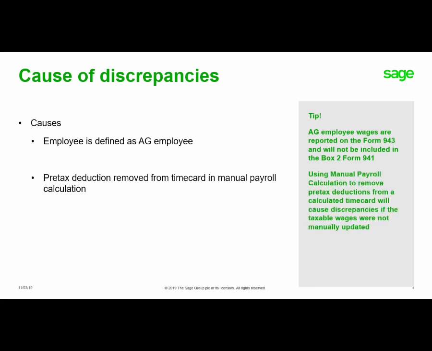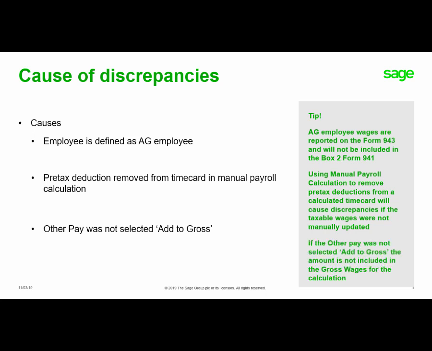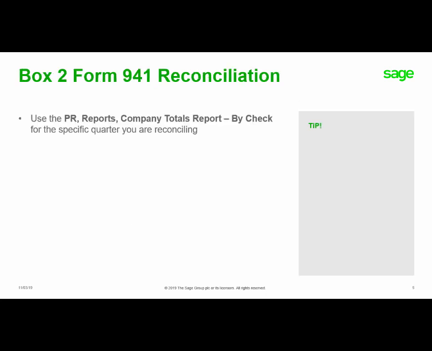Using manual payroll calculation to remove pre-tax deductions from a calculated time card will cause discrepancies if the taxable wages were not manually updated. Another cause is an other pay that was not selected, add to gross. If the other pay was not selected, add to gross, the amount is not included in the gross wages for the calculation.